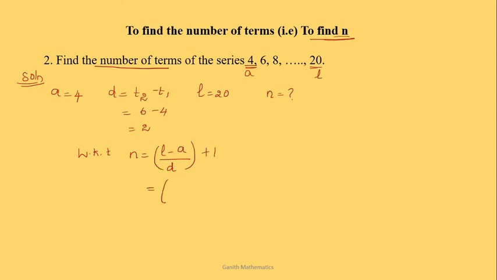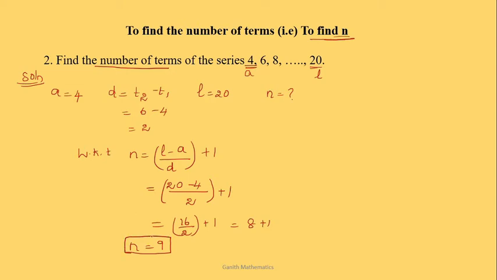My L is 20 in this problem, a is 4, and d is 2, plus 1. So what is 20 minus 4? 20 minus 4 is 16, by 2 plus 1. So 16 by 2 is nothing but 8, plus 1. So n is equal to 9. So there are 9 terms in this series.